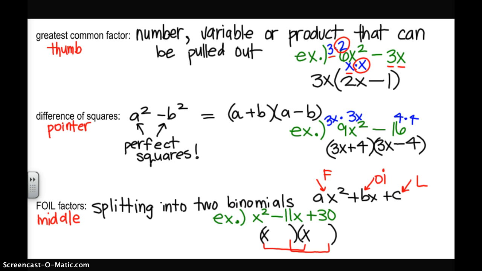And then right there, we're going to have a last times the last. Now, these two could either be positive times positive to make a positive 30, or negative times negative. I'm not going to worry about that right now. I'm just going to start thinking about what two numbers will multiply to make 30.